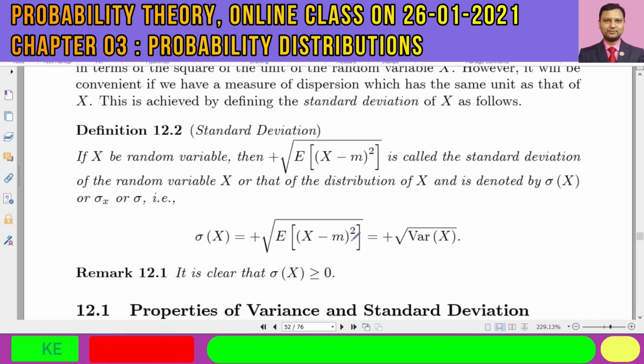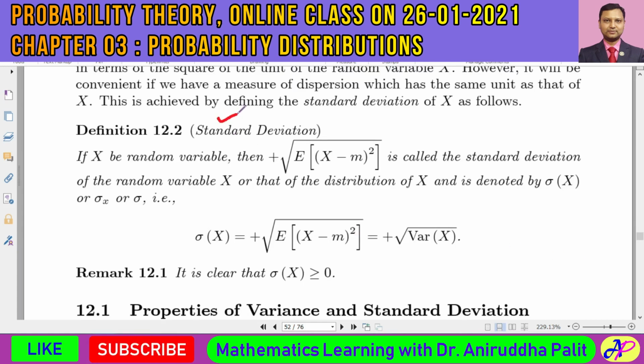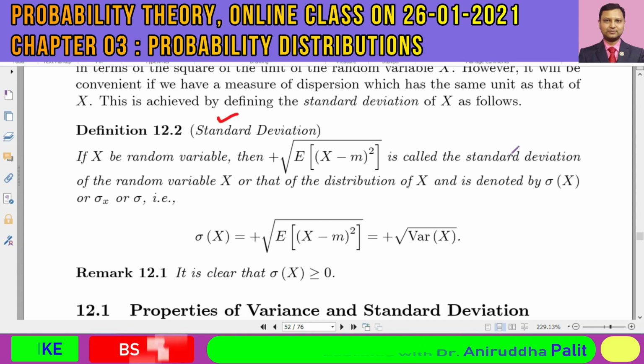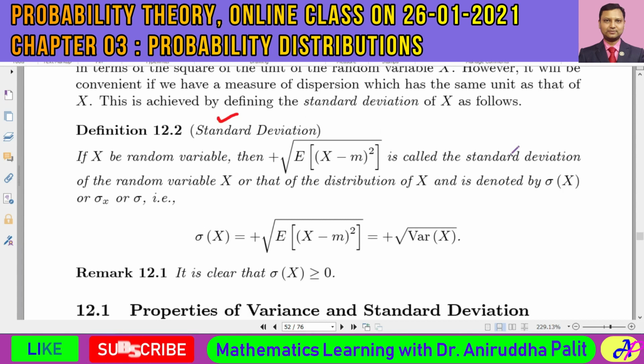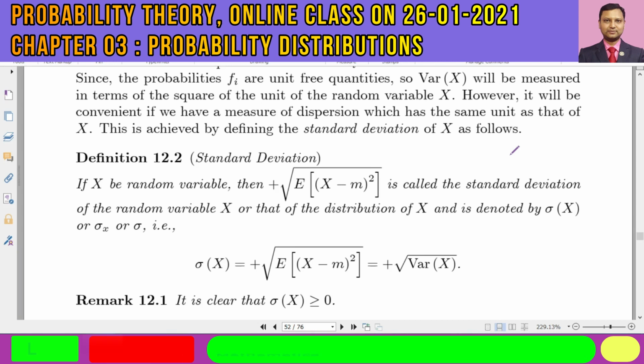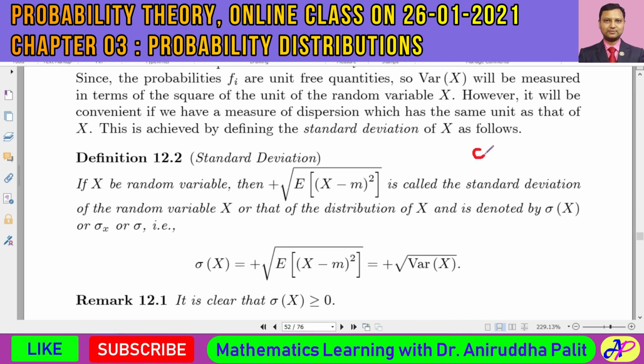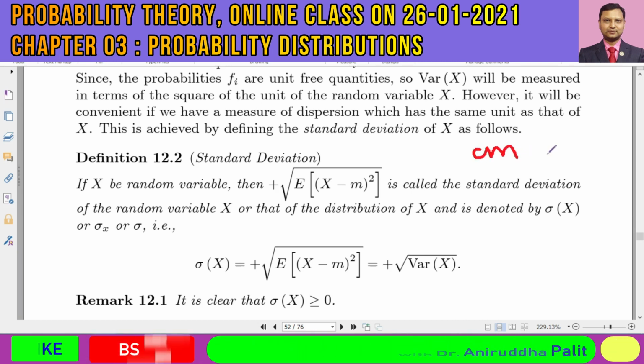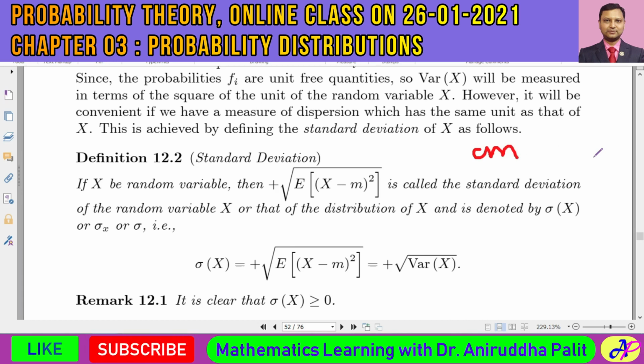Let me introduce one more idea, called the standard deviation. Suppose x is measured in terms of a certain unit, say x is measuring some length. Then it may be represented in centimeter, meter or millimeter, whatever unit you consider.